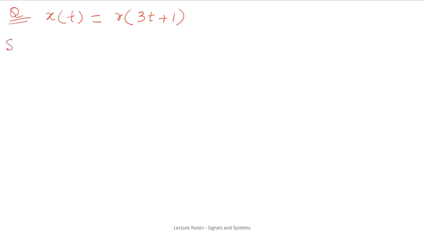Now you might have observed that there are two operations involved here, shifting as well as scaling. You already know the order of operation: we first have to do shifting, followed by the scaling operation.